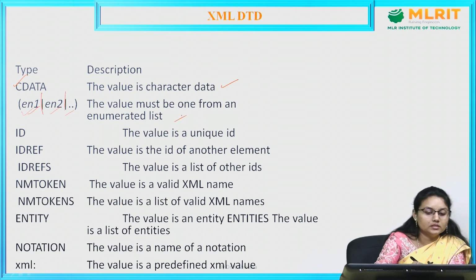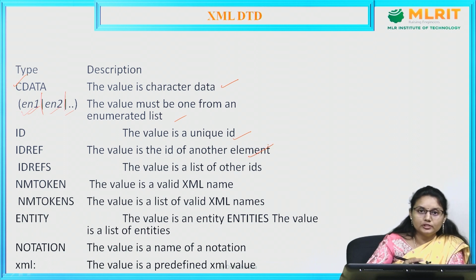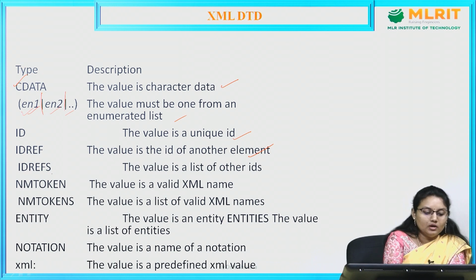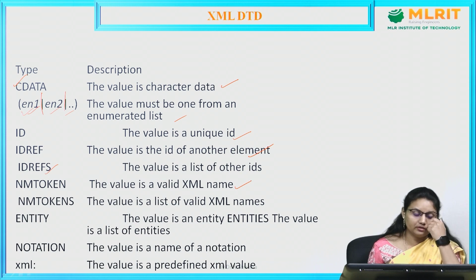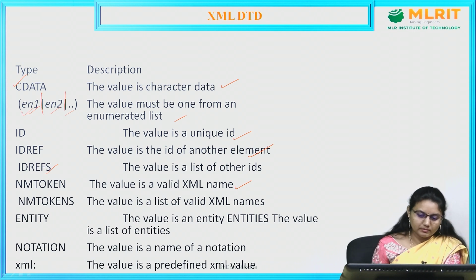Okay, enumerated list. ID, a unique ID. IDREF, an ID which is given as a reference for another element. Okay, IDREFS, multiple references. And NMTOKEN, whether the value is a valid XML name or not. If you want to make it a valid name, then you define it as NMTOKEN. NMTOKENS, multiple XML names.